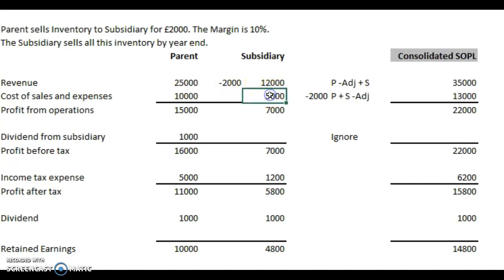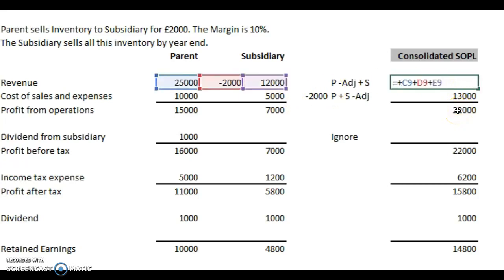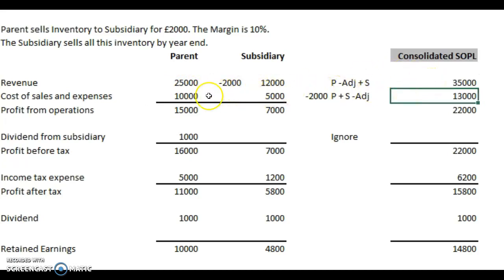The subsidiary bought the goods, so we have to reduce the cost of sales, the cost of the goods they bought during the year. And that comes to a round figure of 25 minus 2 is going to be 23, plus 12 is going to be 35. So that makes sense. And this is 10 plus 5 is 15, minus 2 is 13. So that all makes sense to us.